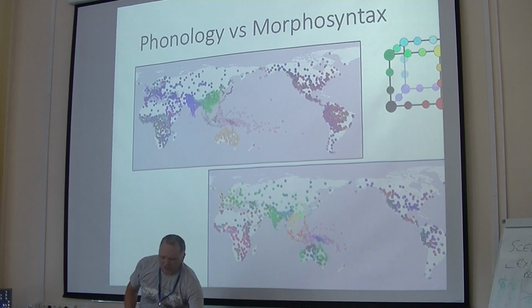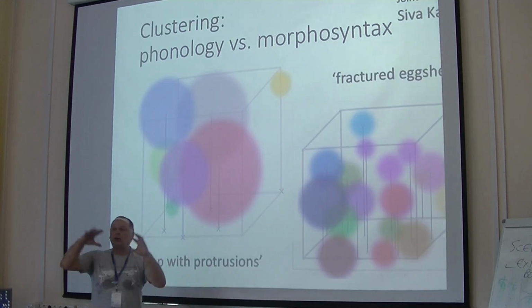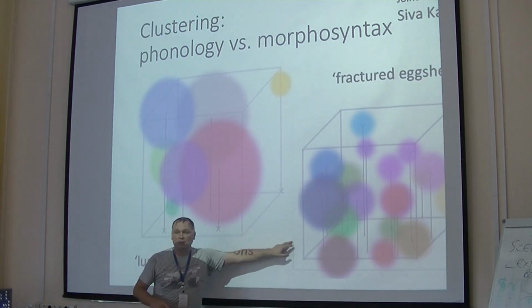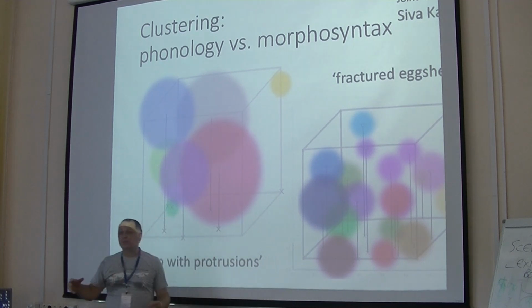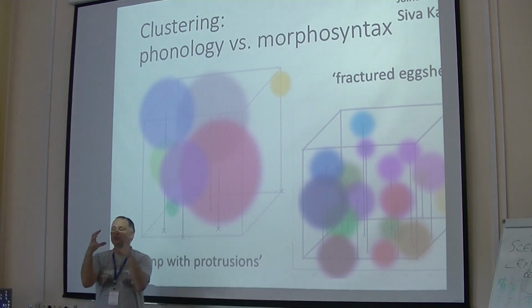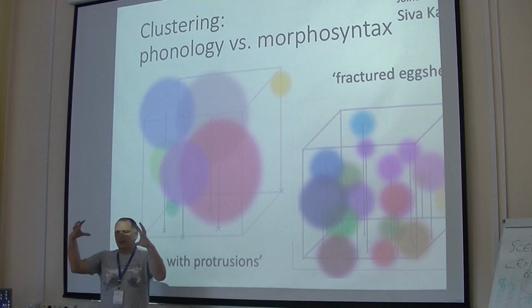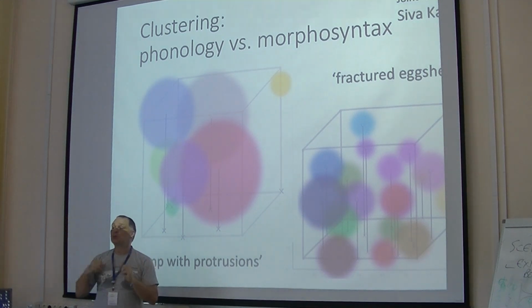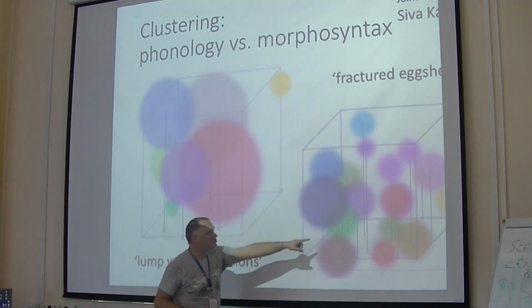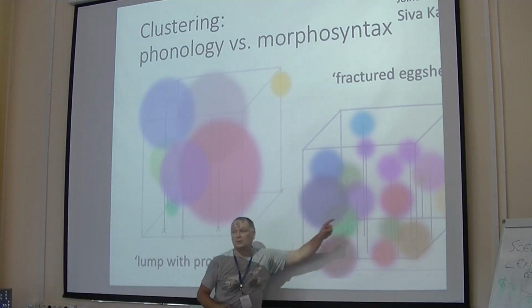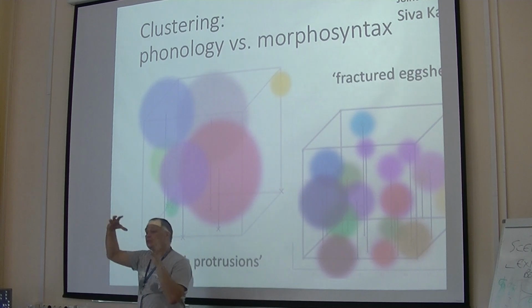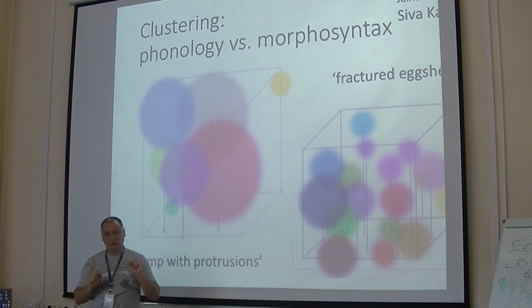If you think about what I said about the structure of morphosyntactic space and the structure of phonological space, phonology tends towards a lump with a couple of extrusions. Morphosyntax is dispersed in space. There's nothing much in the center of the morphosyntactic space. So the morphosyntax is more different than the phonology.